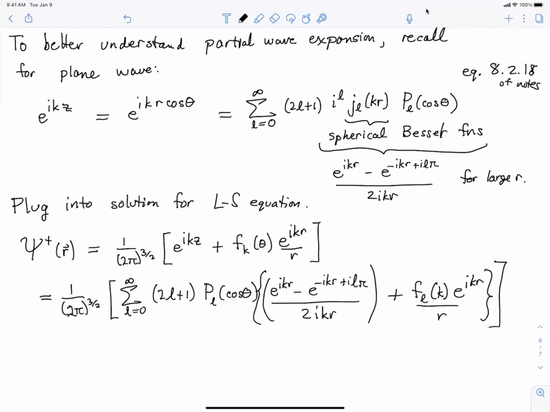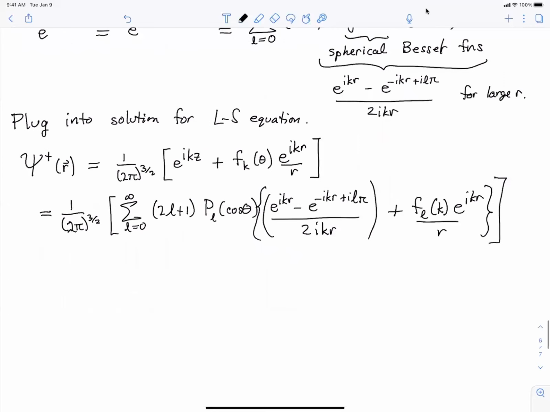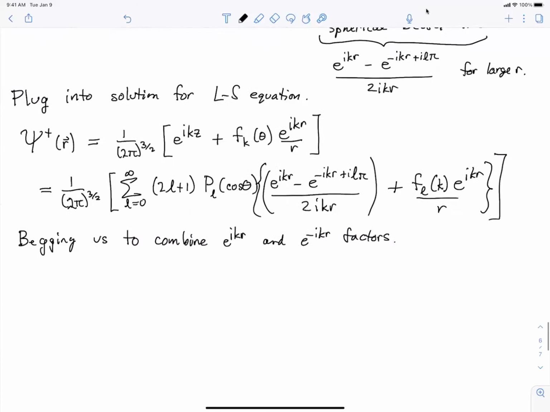Okay, so that's our whole wave function for our scattering state. And so now this is begging us to factor together the e to the ikr factors. So begging us to combine e to the ikr and e to the minus ikr factors. And so let's go ahead and do that.